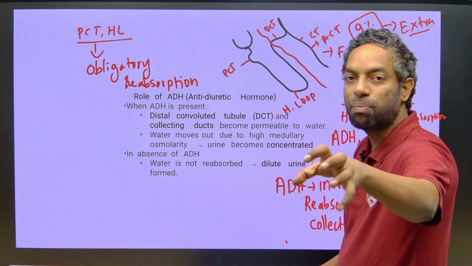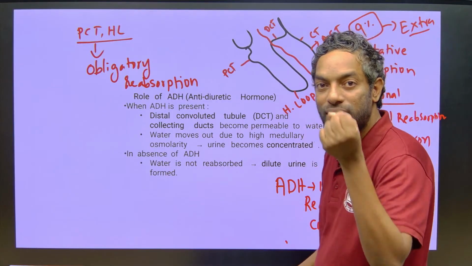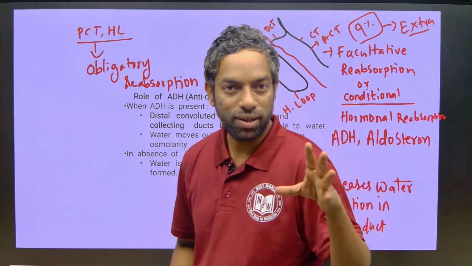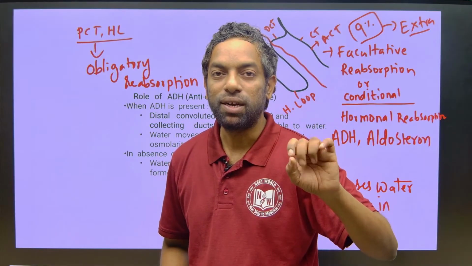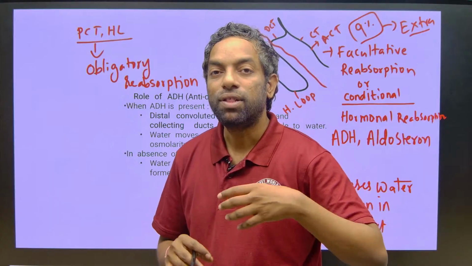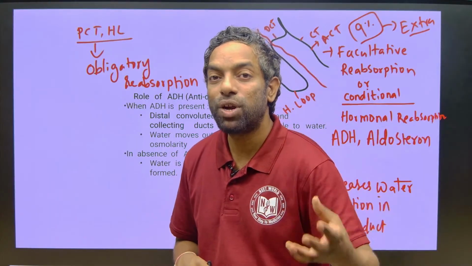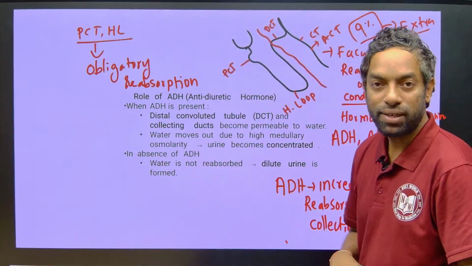Permeable to water means water is going to be reabsorbed. Guys, if there is no intake of water, the ADH will act for the recycling of water in the body. 9% more reabsorption takes place under the influence of ADH hormone.